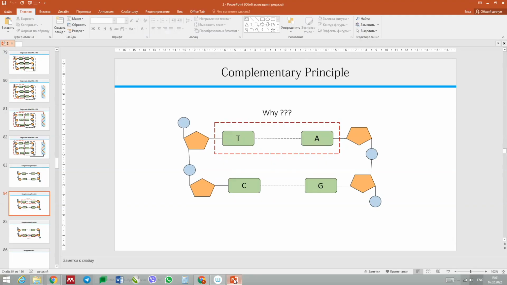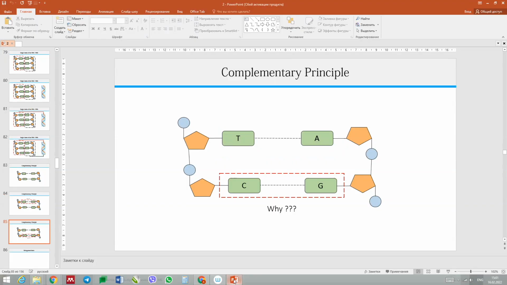Why is thymine connected specifically with adenine, but, for example, not with a second thymine or not with guanine? Why is cytosine connected with guanine, but not something different? In order to answer this question, we have to go inside the chemical structure of these nitrogenous bases.